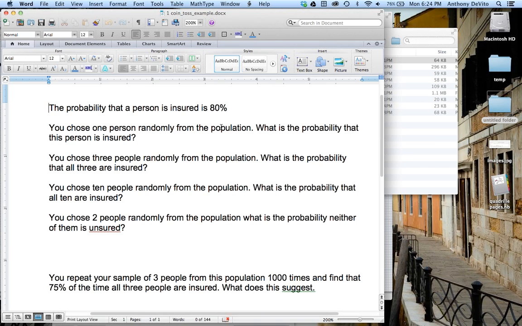And we flip it a third time, the probability on that third try is also 50%. So if we start from scratch and flip 3 coins quickly, the probability they'll all be heads is 0.5 times 0.5 times 0.5. Same thing for tails. The probability they're all going to be tails is 0.5 times 0.5 times 0.5. We're going to get a closer look at that in a little while.